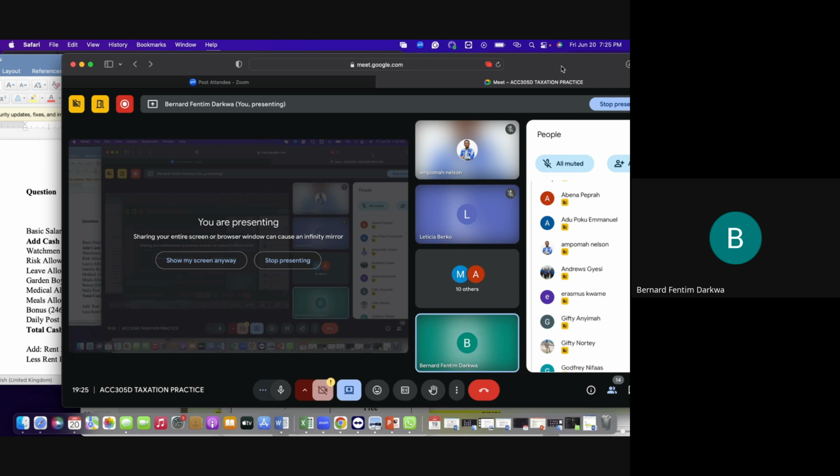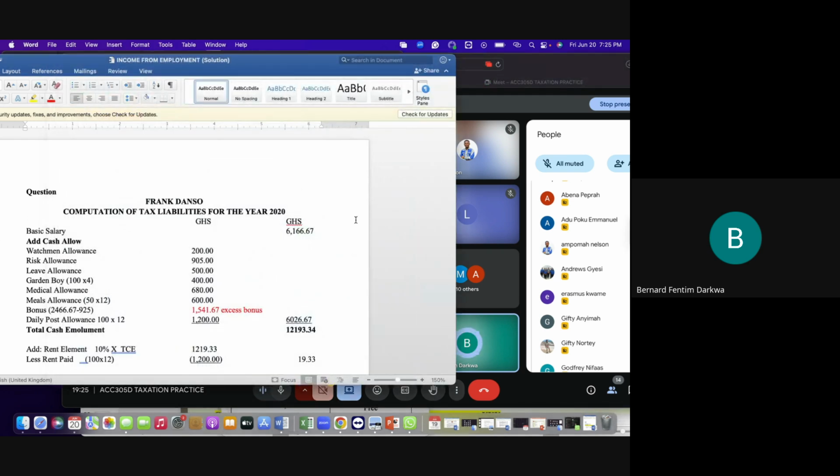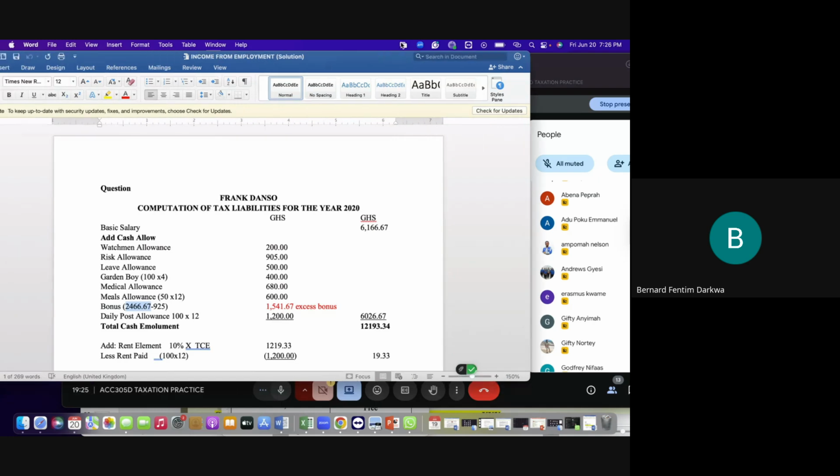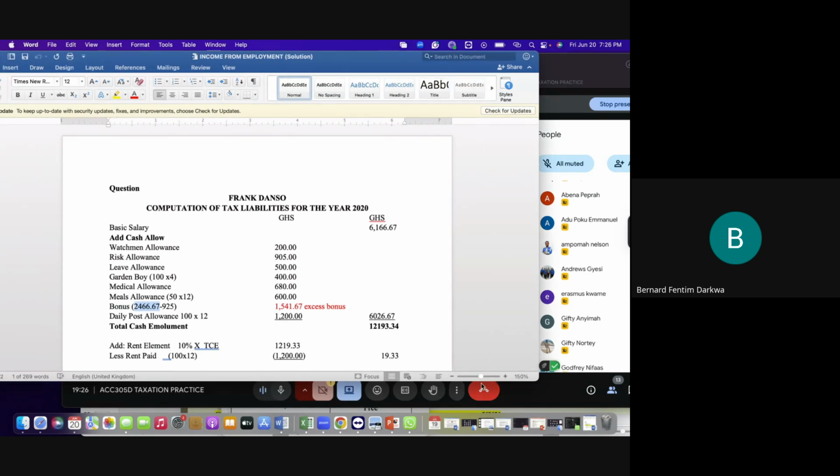Okay, nobody is answering. So when the building belongs to the employer and there is a garden boy and security man, the law sees them as working for the company, and therefore we wouldn't have added it.